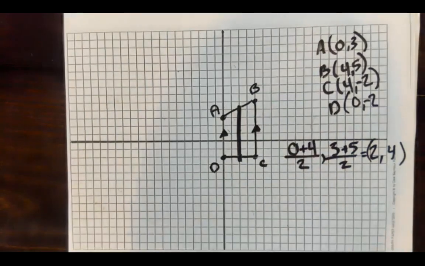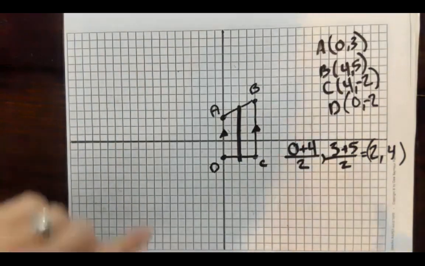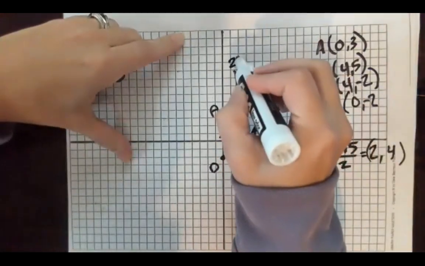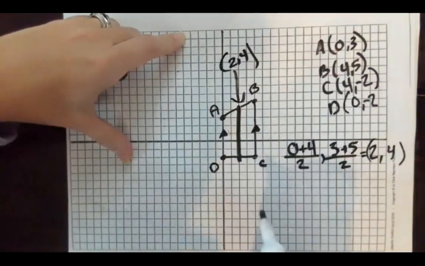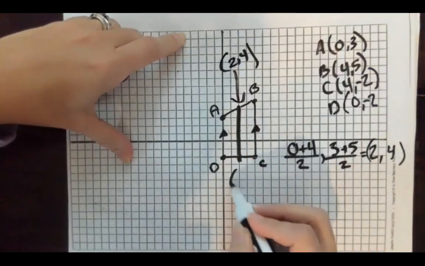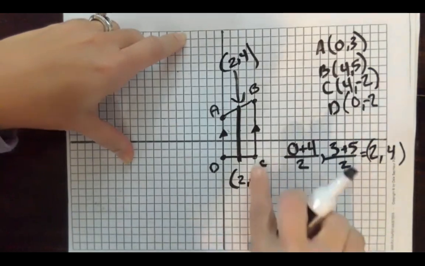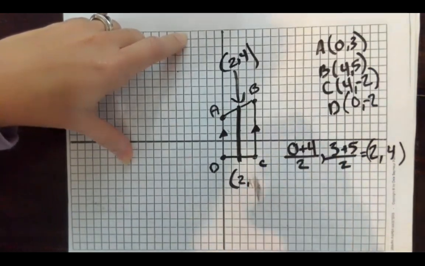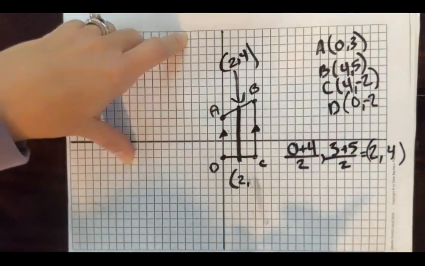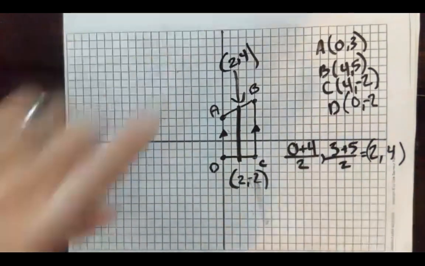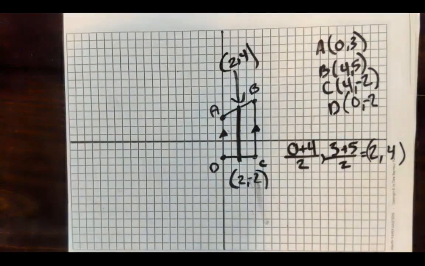Now we need to find the length of our midsegment. So our coordinates here were 2, 4, and our coordinates right here are 2, -2. And how do we find the length of the midsegment?